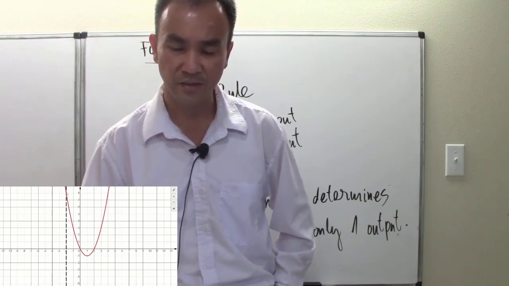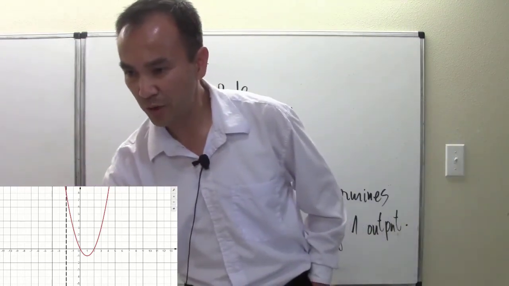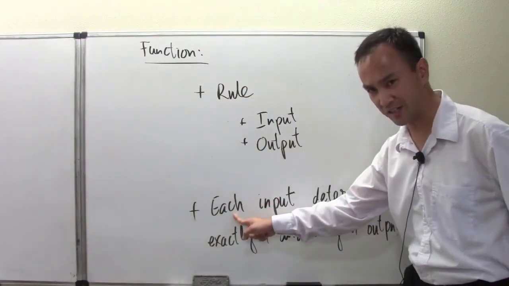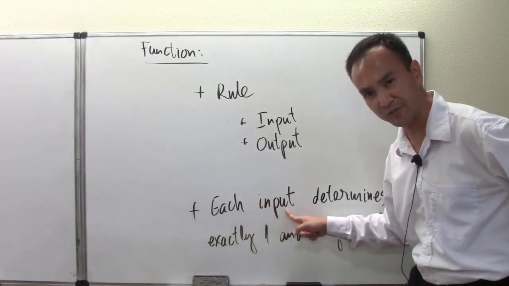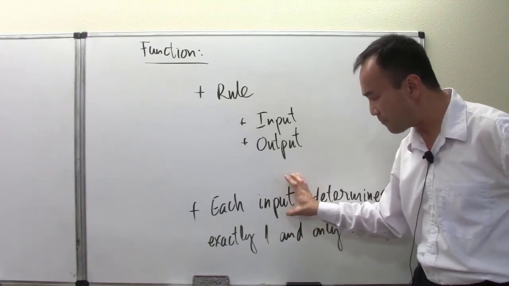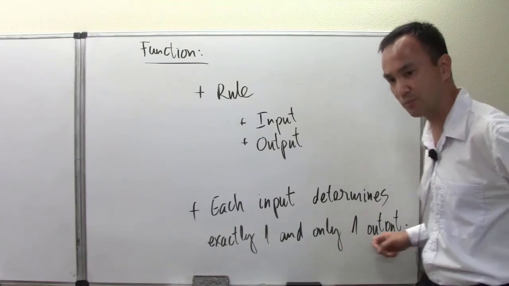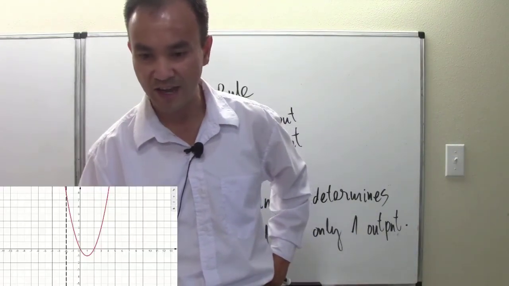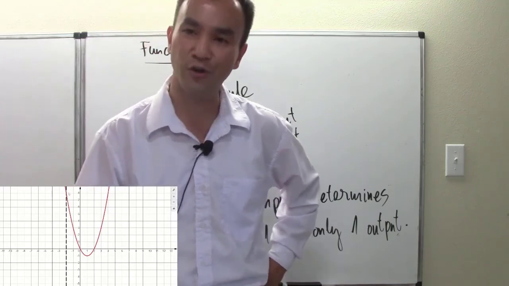And this requirement states that each input, and at that input, it came out to exactly one and only one output, because we saw on the graph that at x equals -2 there's only one output, which is one y value only.